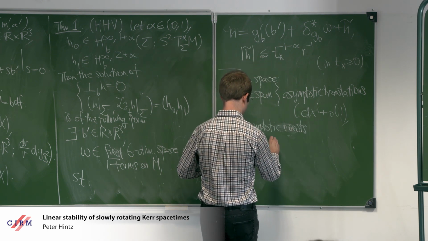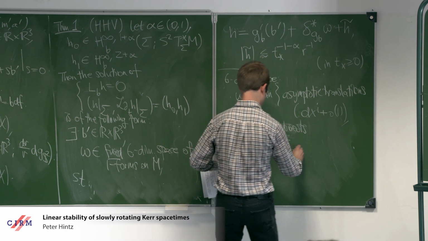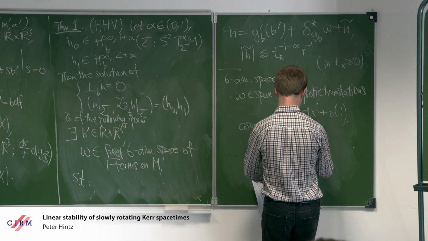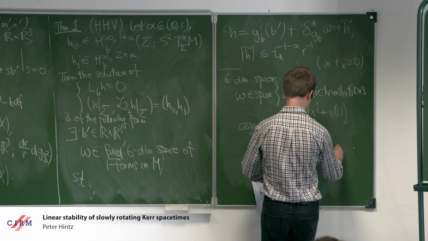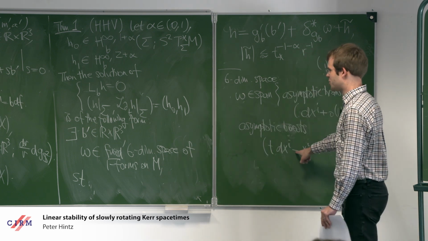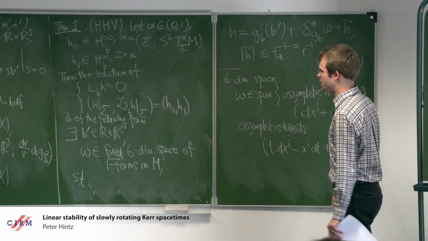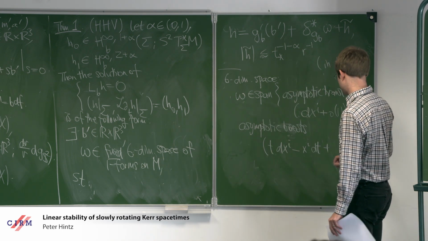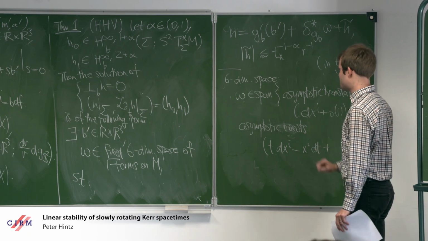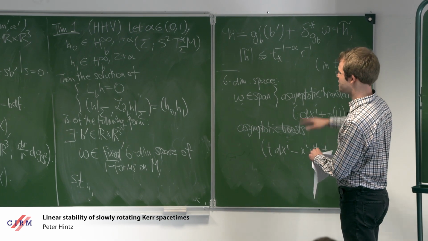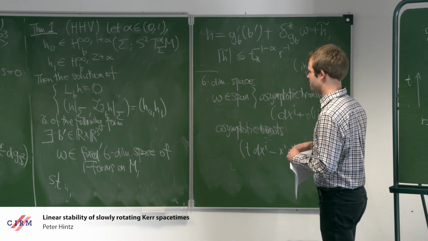And that means something like t dx^i minus x^i dt plus lower order terms. Okay, so the sign looks funny because I'm switching to one forms instead of vectors. Okay, so that's another three-dimensional space. And I'm lying just a little bit. There's some extra dimension, but you can get rid of it.